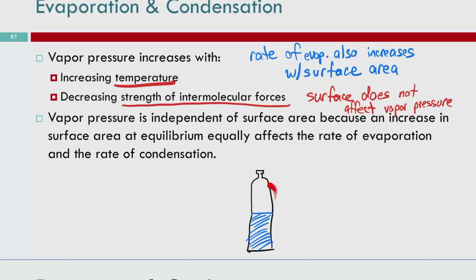Up here we've got just air. Arrow, water. But you also get little water drops that form on the sides. And then sometimes those run down into the water again. They could also evaporate back out.